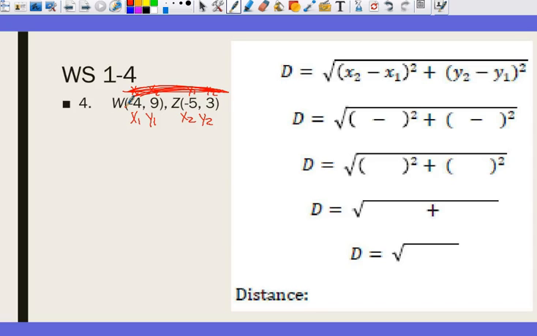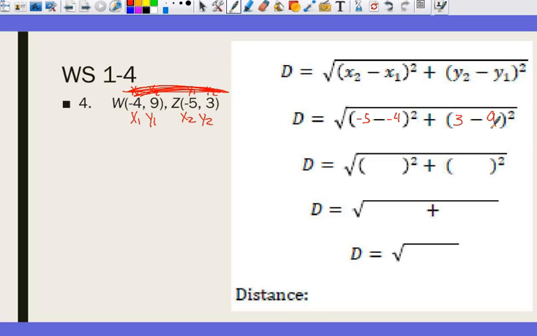We're going to just start plugging this in. x2 is -5, x1 is -4, y2 is 3, y1 is 9. What is 5 minus -4?